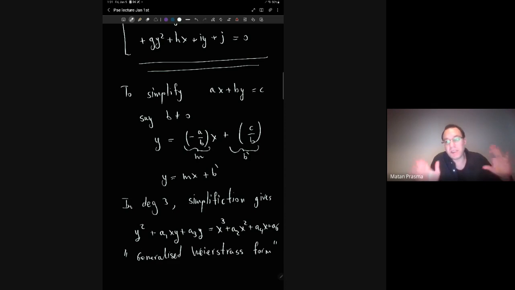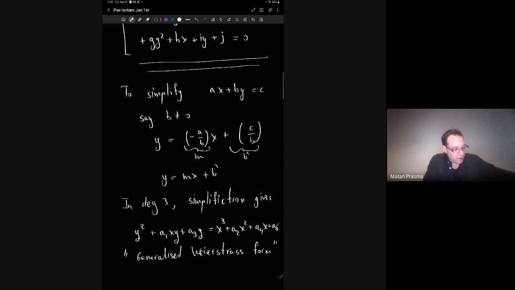And since we only study solutions for these equations, the change of variables does not change the set of solutions, so we're not losing any generality.